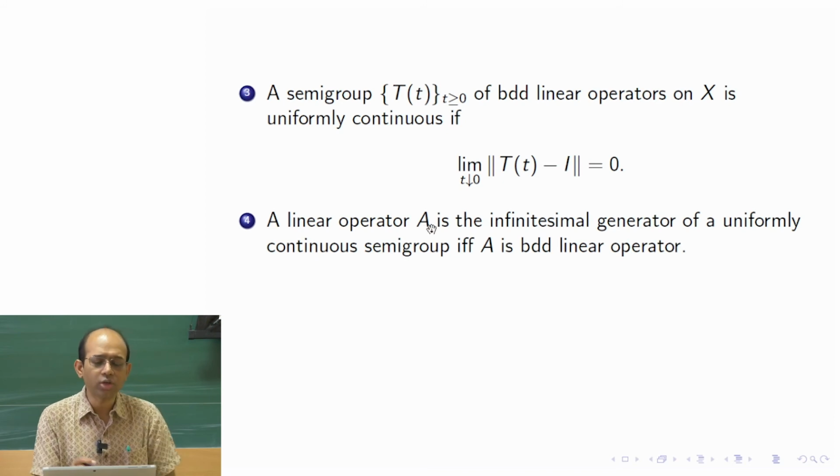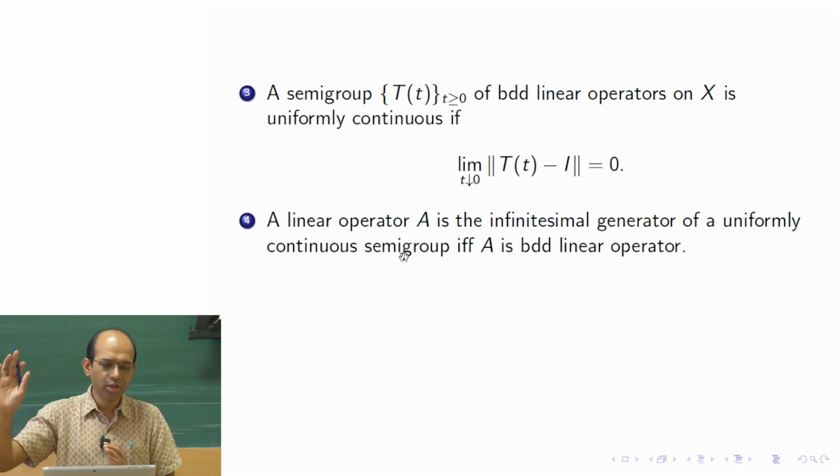It talks only about the generator, only about A. It is just saying that A is the infinitesimal generator of a uniformly continuous semigroup. Okay, some semigroup. You can identify A as the generator of some uniformly continuous semigroup.